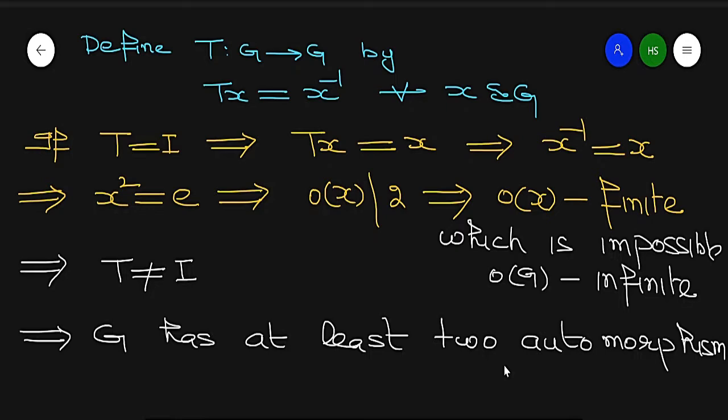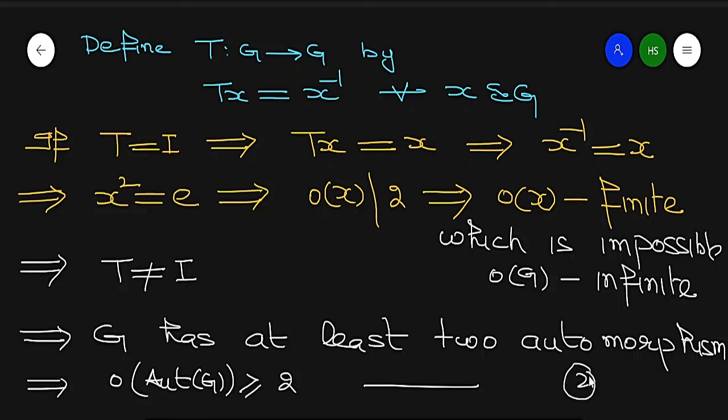If G has at least two automorphisms, it implies the order of the automorphism group of G is greater than or equal to 2. This is equation number 2.